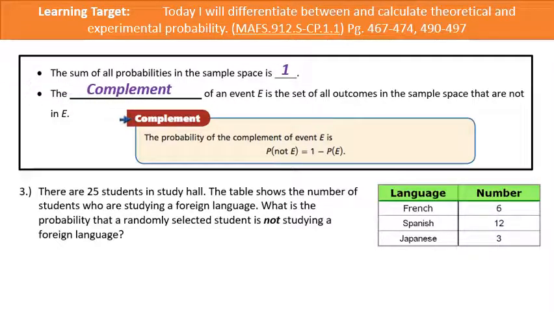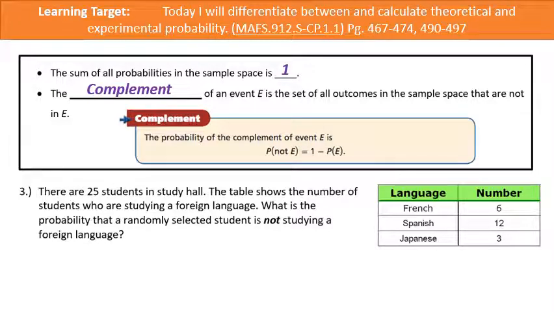The complement of an event E is the set of all outcomes in the sample space that are not in E. The complement is a way of thinking about the opposite, or some people think negative, but it's not really negative.